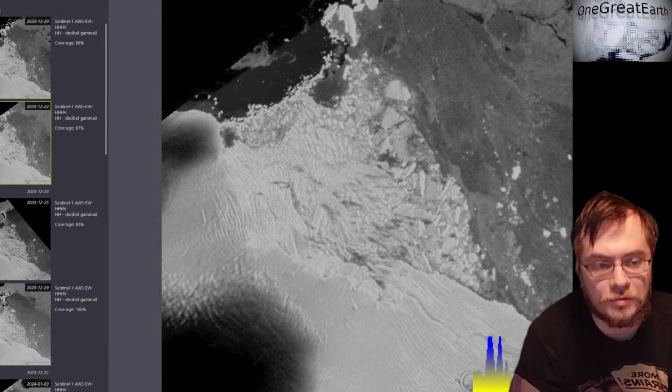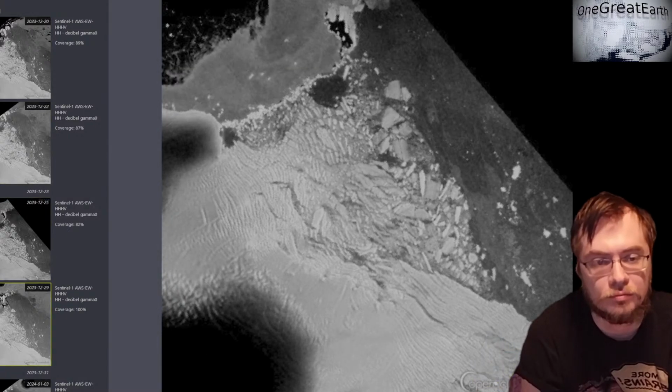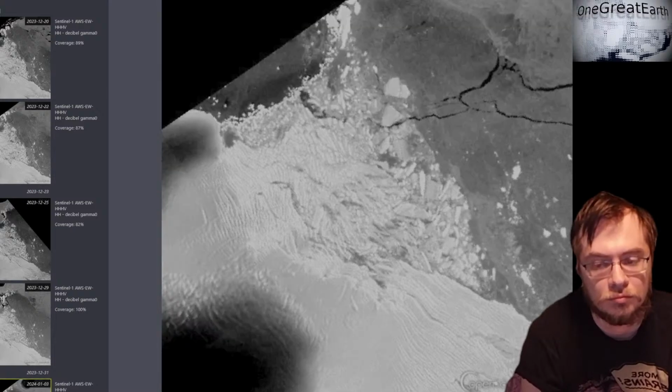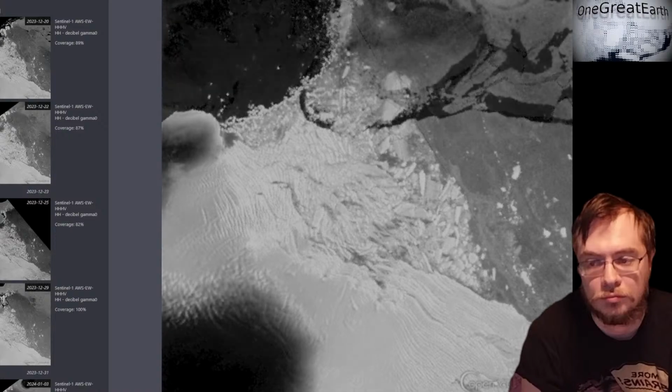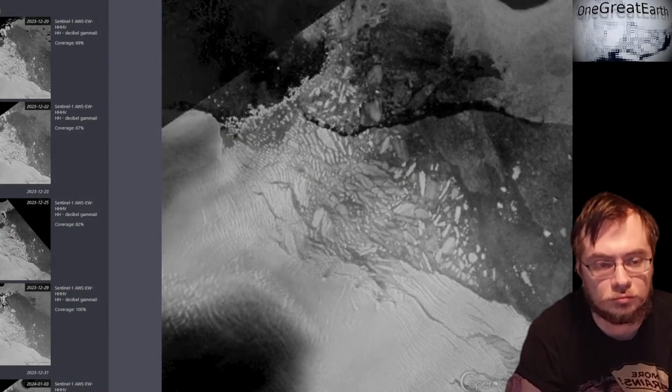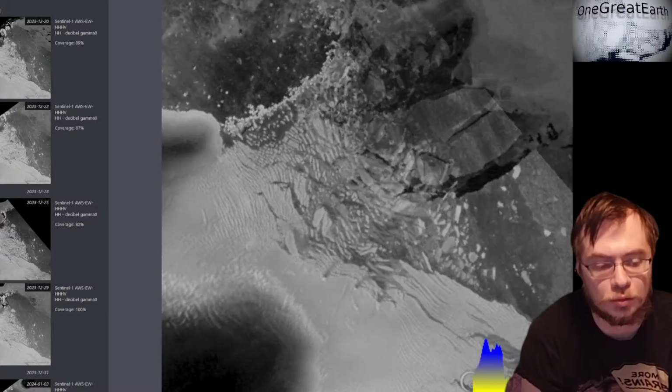North side of these images looks like a lot of... Whoa.